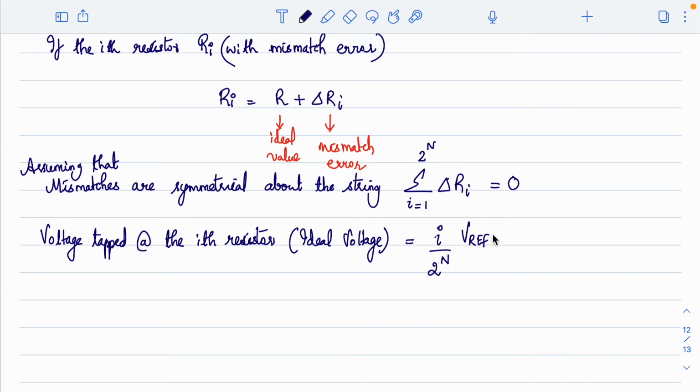Since I am writing the ideal voltage, the resistance values are the same, so R can be cancelled out. So that is how I can write it as I by 2 to the power of n into Vref. Whether this is clear, what I have written as the voltage tapped at the ith resistor as ideal, whether this expression is clear? Can I get some response?